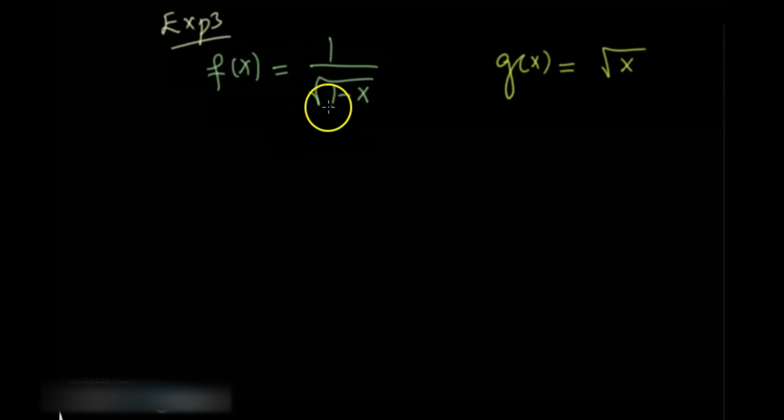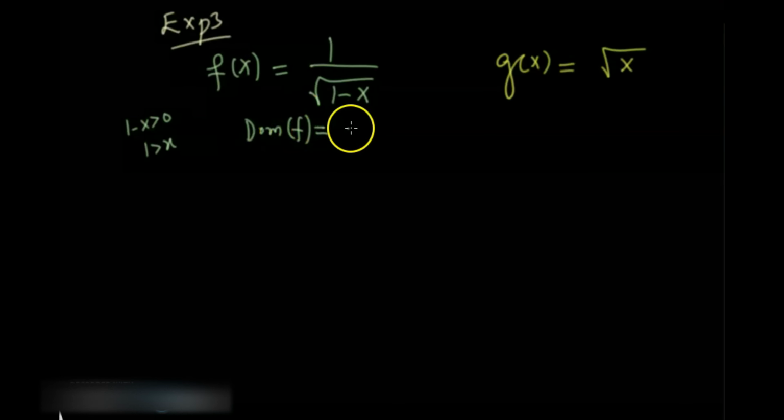For this domain, your 1 minus x should be greater than 0, strictly, not equal to 0 even. So x should be less than 1. So the domain of f should be equal to all numbers which are less than 1, and 1 is not included. And for this, you know already that the domain of g is equal to 0 till plus infinity.